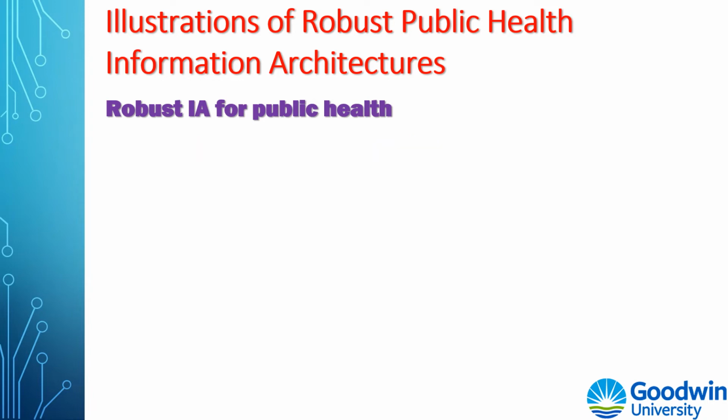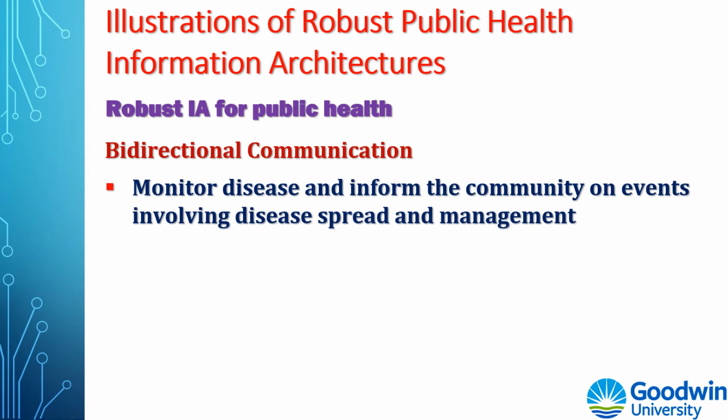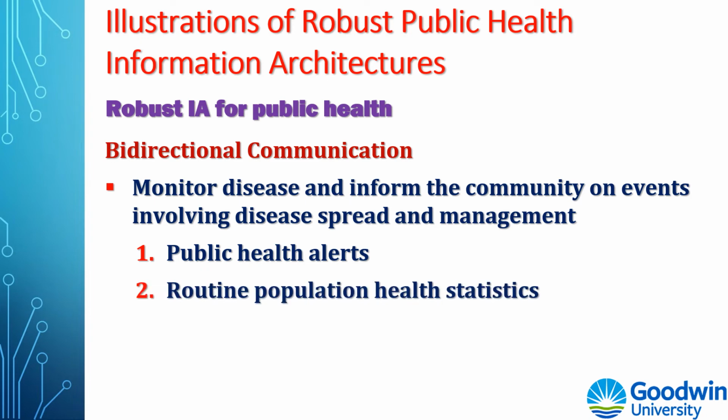Okay. So bidirectional communication. So monitor disease and information in the community on events involving the spread of disease. So this can do things like public health alerts used to raise clinicians' index of suspicion for a known or unidentified disease. Commonly, clinical infrastructure outside the EHR to deliver guidance and information on vaccine supply management. So you get these public health alerts I'm talking about.